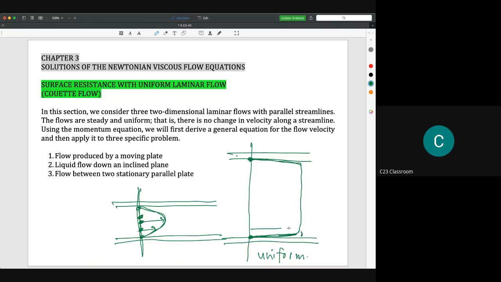Here, except at the beginning of this flow, almost all the velocity is the same. You could assume that this flow is actually uniform.